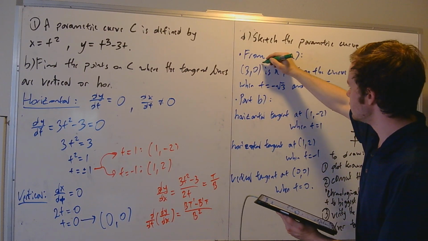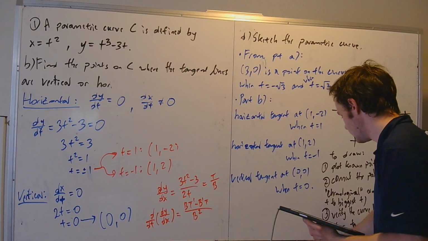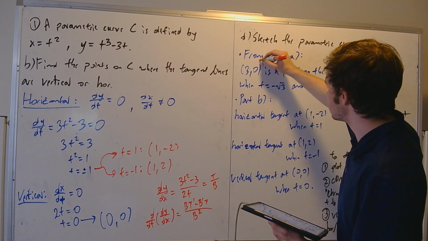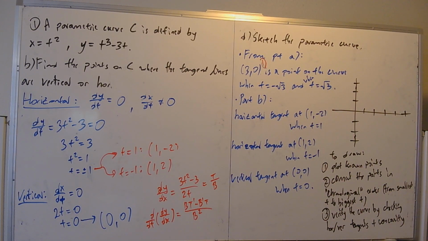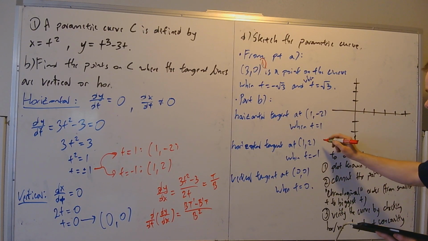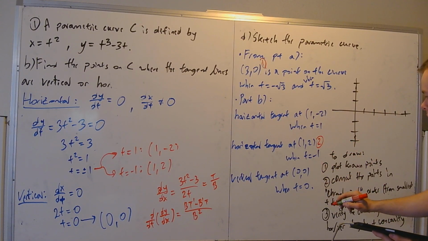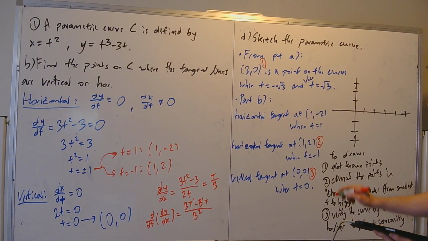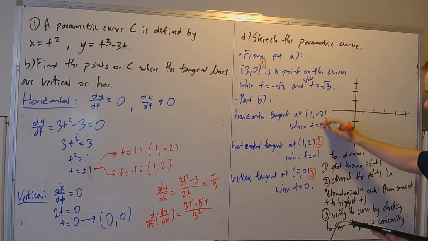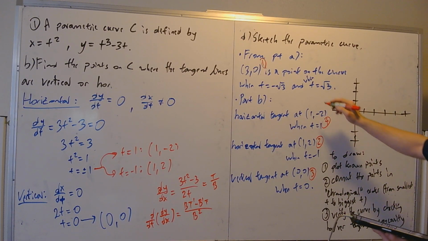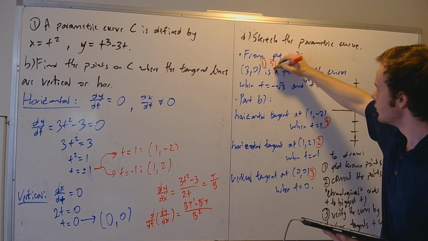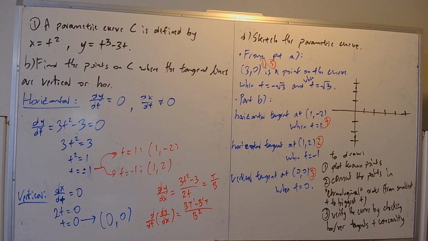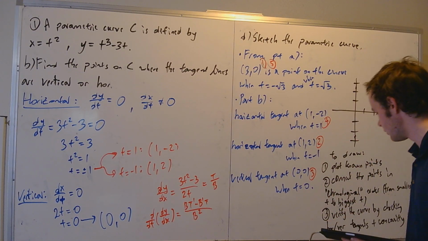So this is going to be the first point that we plot. Let me use a different color. This is the first point because that's at t equals negative root 3. Our next point is at t equals negative 1, so this is our second point. Our next point is at t equals 0, so this is our third point. Our fourth point is at t equals 1. And our fifth point is back again whenever t is equal to root 3. We're going to get this point again. Let's plot all of those points in that order.